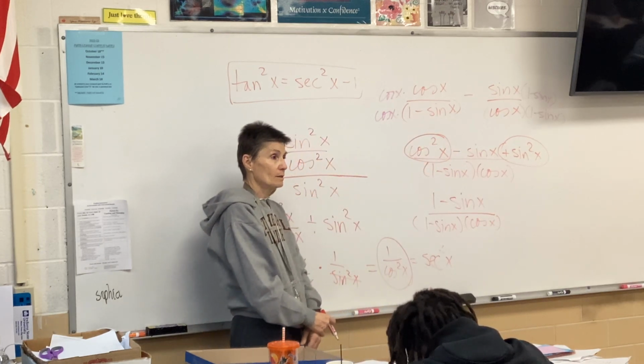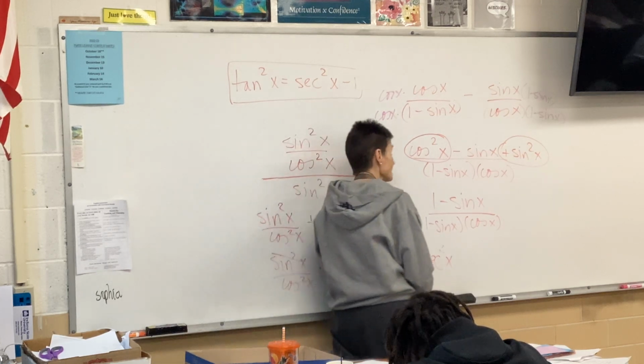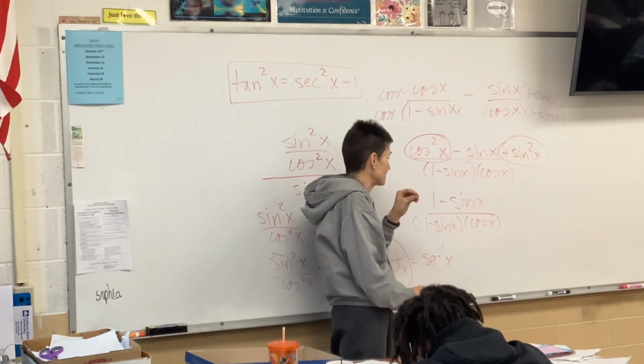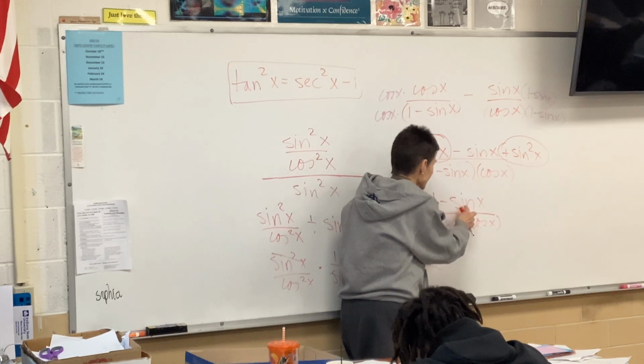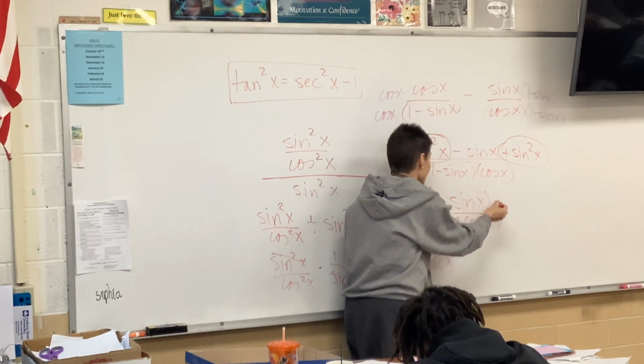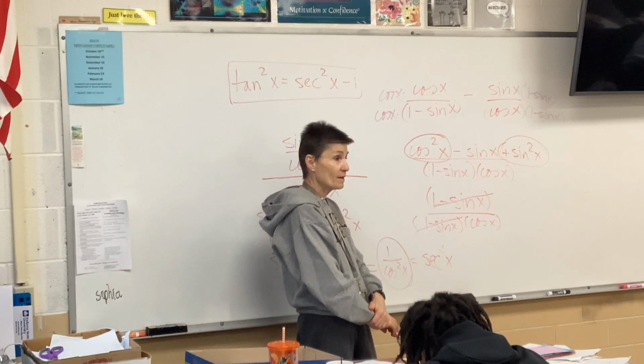Well, what do you notice about that? You can cancel. Now remember, you can't cancel pieces. Like I couldn't say this sine will cancel with this sine. You can't cancel pieces, but you can cancel whole quantities. Whole things will cancel.